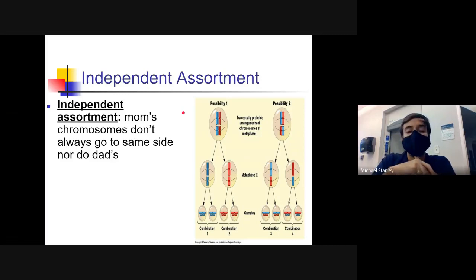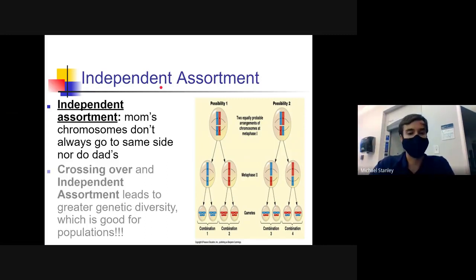So independent assortment says that your maternal and paternal chromosomes, your mom and dad's chromosomes, don't always separate to the same side of the cell, right? We have 23 different chromosomes in humans, and independent assortment says that they're not going to be separated the same each time.